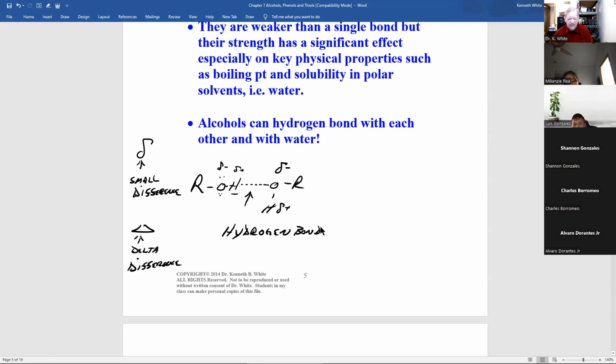And this oxygen can do the same to another alcohol, and keep on going and going, like the Energizer Bunny, I guess. I don't get any kickbacks from them either. But this plays an important role in alcohols.